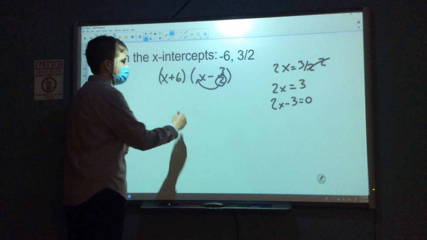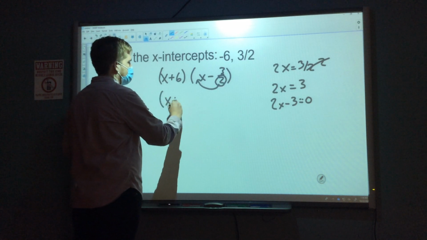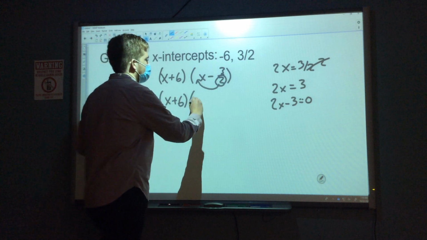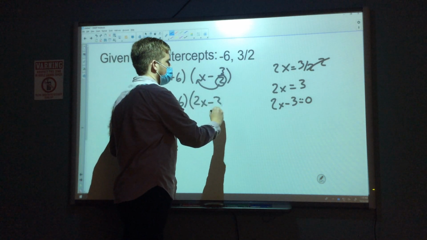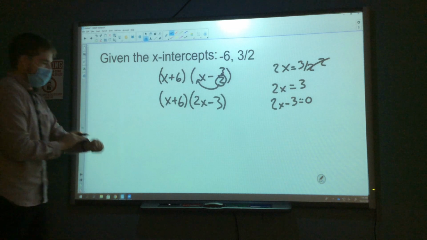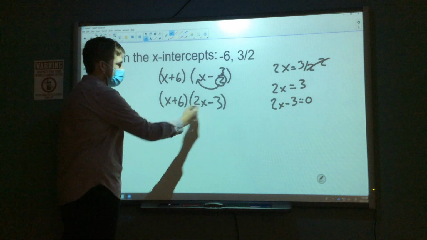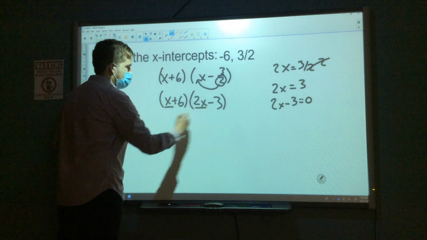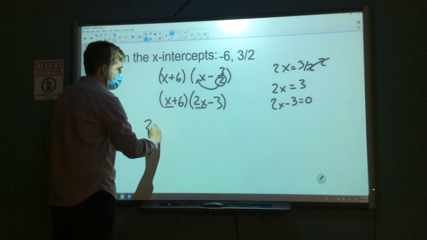So we have x plus 6 times 2x minus 3. I'll now FOIL this, so I have x times 2x. That gives me 2x squared.